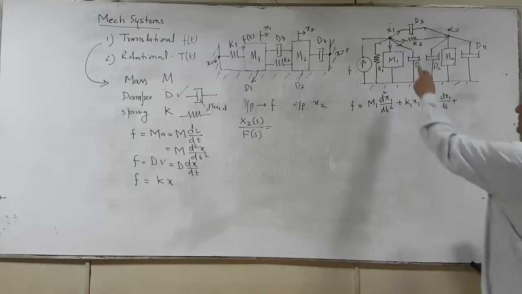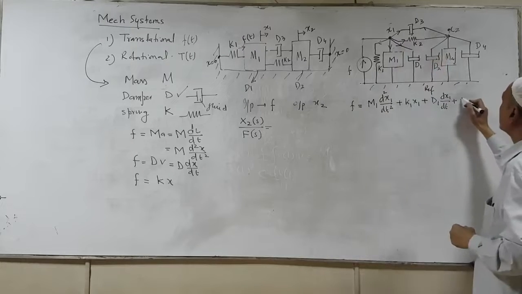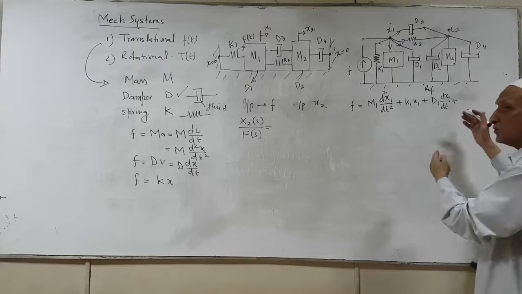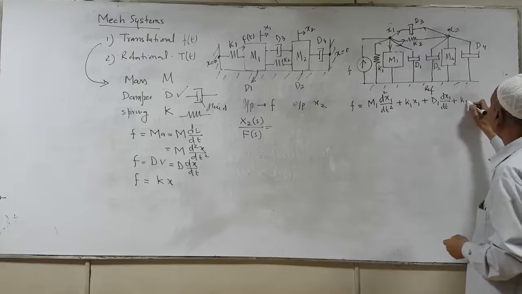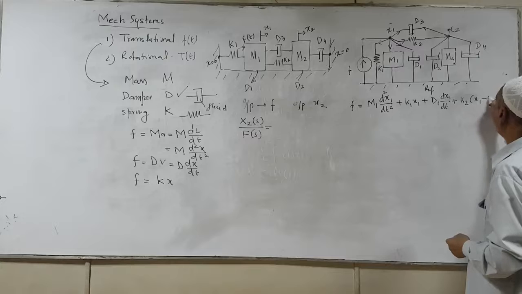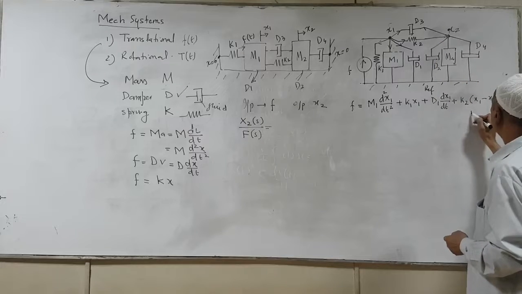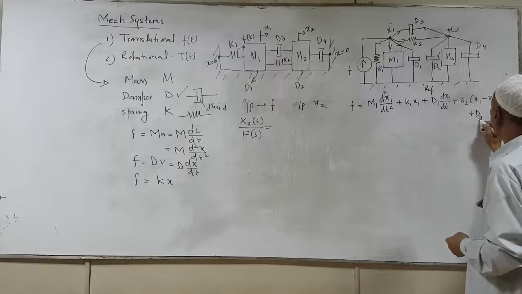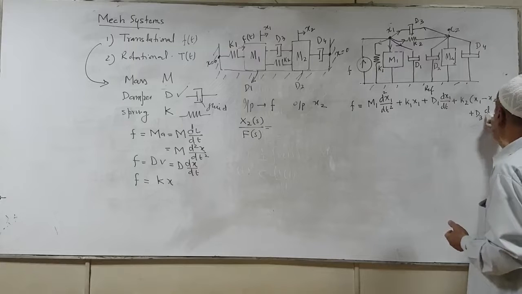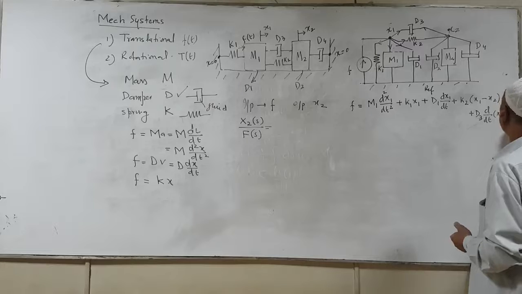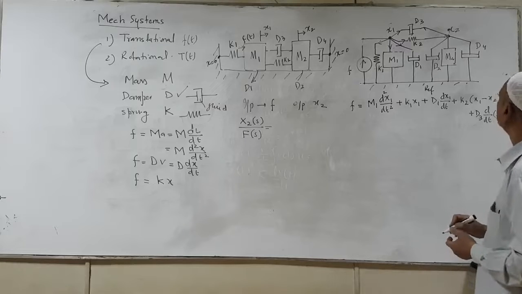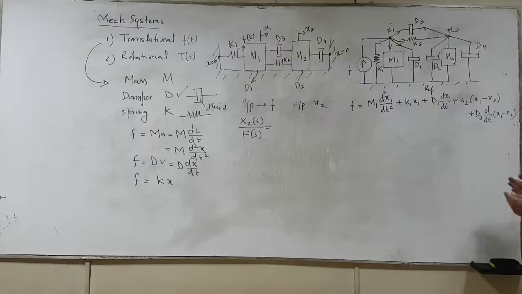Then we have this element which is k2, but that is between the two nodes. So likewise we can say k2 (x1 minus x2). Then we have the second one, which is plus d3, and this is basically d over dt of (x1 minus x2). Now simplify this one.